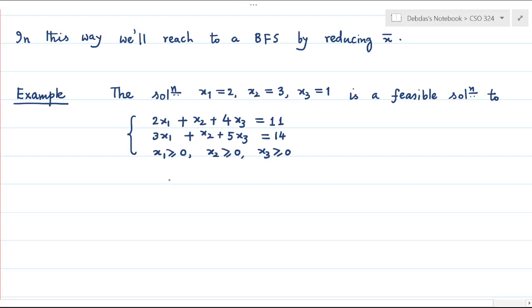Now reduce this feasible solution to a basic feasible solution.